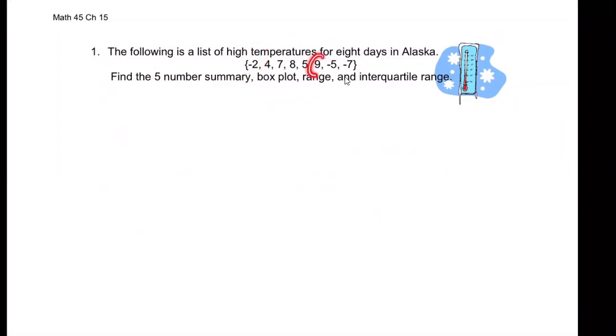The highest high is a 9. It hit 9 degrees. That's like sunbathing weather, right? I guess in Alaska, that's a high for them, 9 degrees. Find the 5-number summary, box plot, range, and interquartile range. Basically, find everything in the world on this question. All right, well, let's find everything in the world.